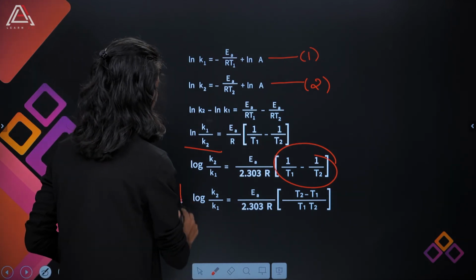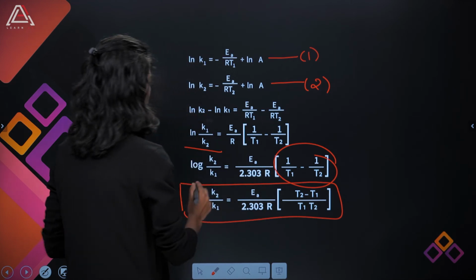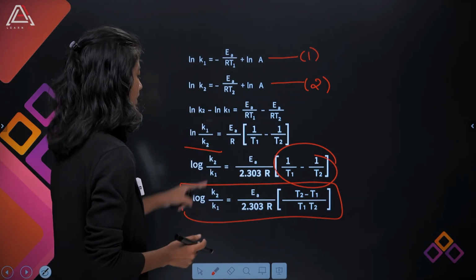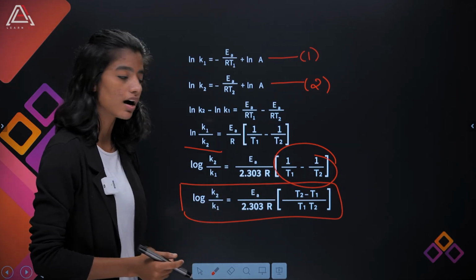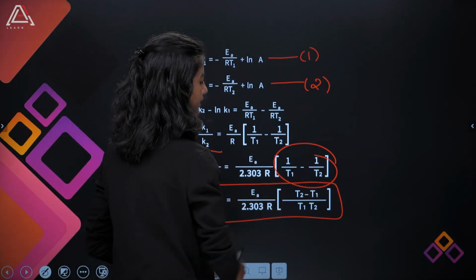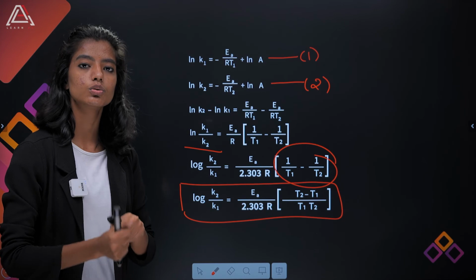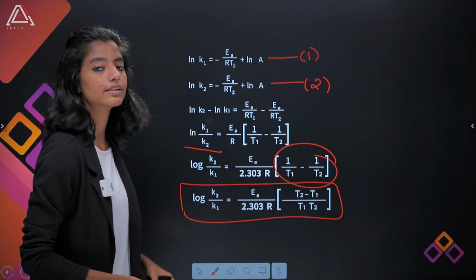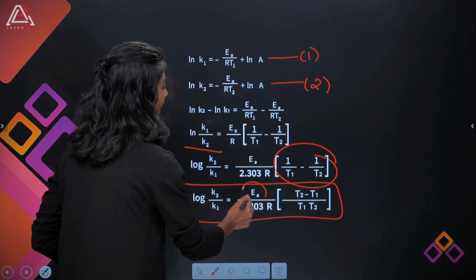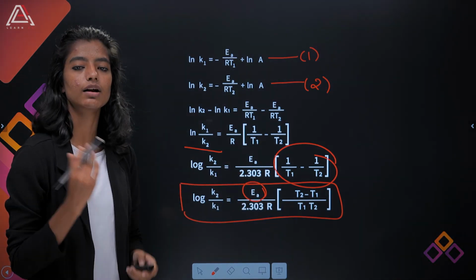So the equation will be log k2 by k1 equals Ea divided by 2.303 R into T2 minus T1 divided by T1 into T2. By knowing these temperatures and the rate constants, we can calculate the activation energy.